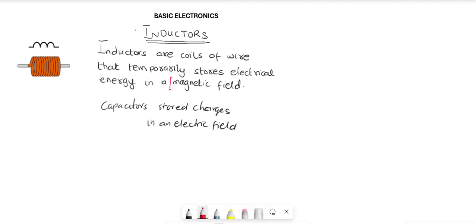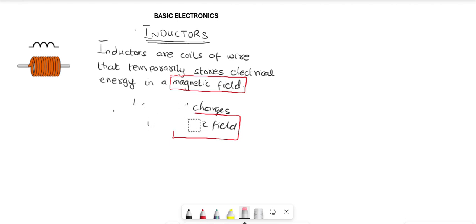Inductors do so in a magnetic field. So you have to take note of the difference between them. They are both storing charges, but one will store charges in an electric field, and one will store charges in a magnetic field.